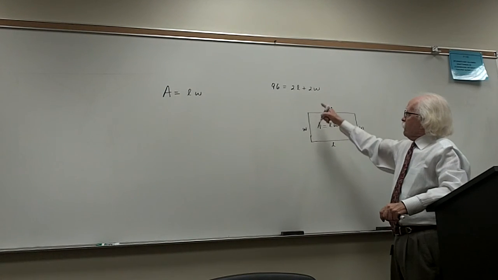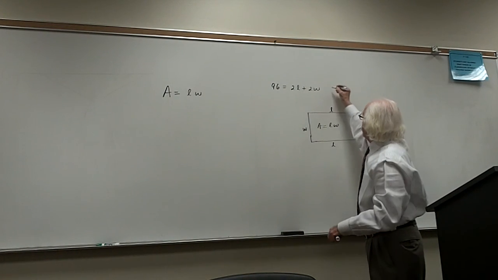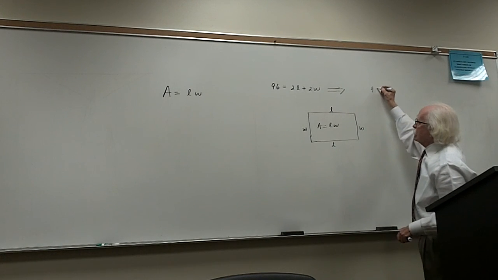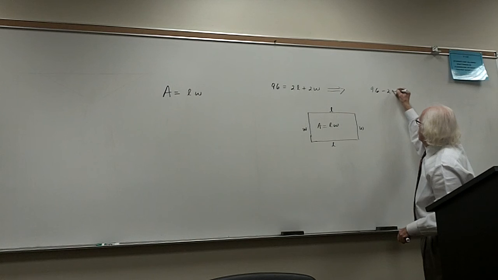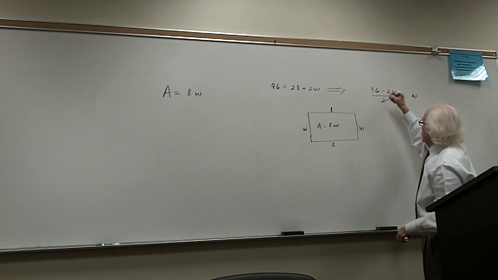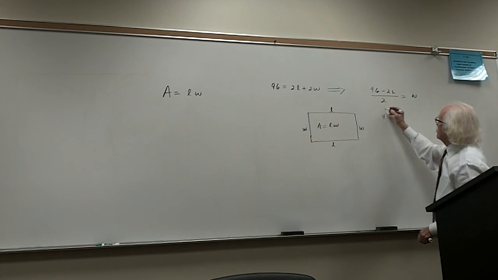So what they told you up here, that he had 96 feet. So you solve this equation up here for W, this would be what? You can actually cancel here if you like. This would be what? 48.